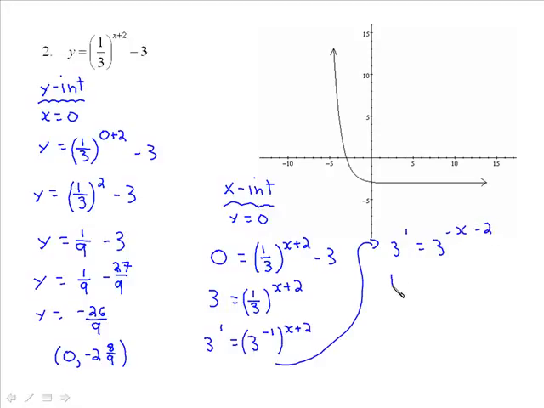Drop the bases now, and you'll get 1 is equal to negative x minus 2. Now you can solve this a number of ways. I'm going to bring the x over to the left side to make it positive, and then I'll subtract 1 away, and we'll get x is equal to negative 3. And by inspection of that graph, negative 3, 0 seems to be right.